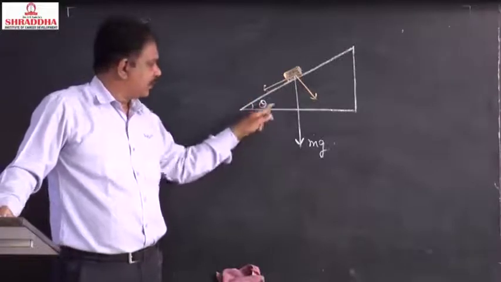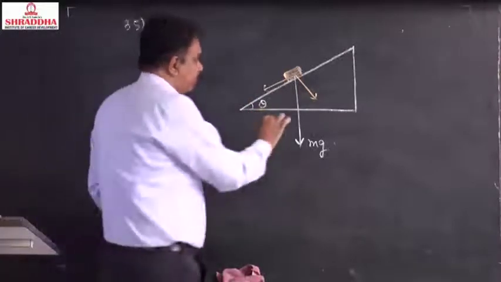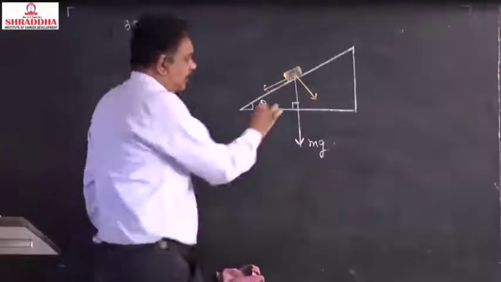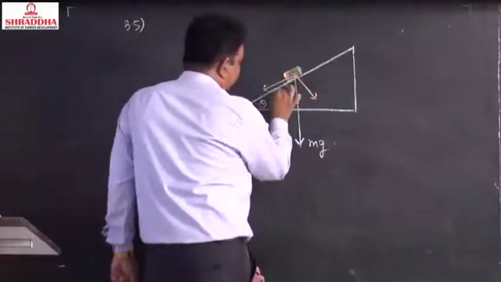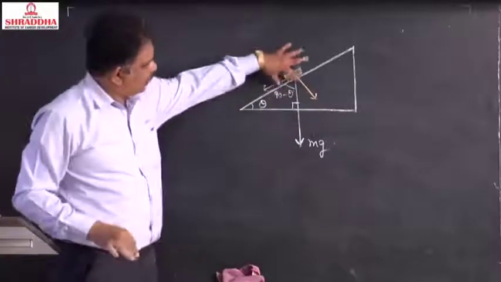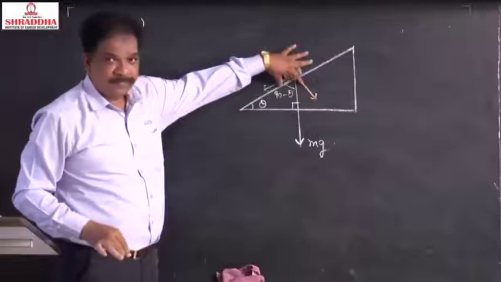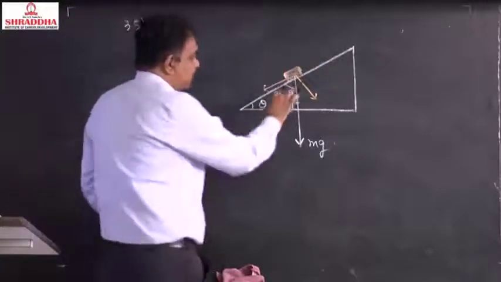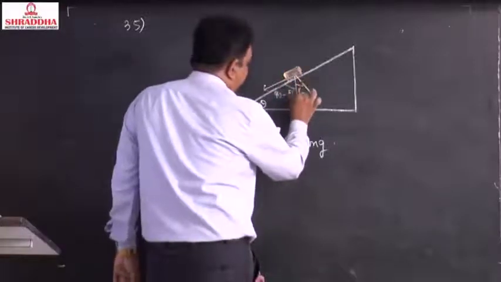This is theta. Here how much will it be? 90. Here, 90 minus theta. These two are perpendicular. So this angle will be theta.